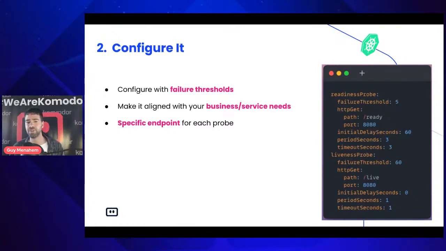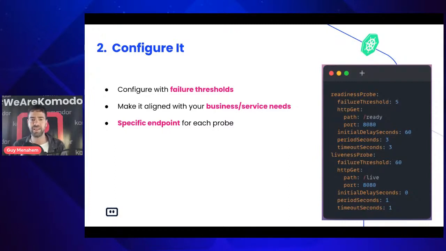You can use HTTP GET, but you can also use gRPC or a TCP connection. This is very extendable, and you want to make sure you configure it based on your business and service needs. So if you plan it well, you immediately understand what you need to add into that configuration.